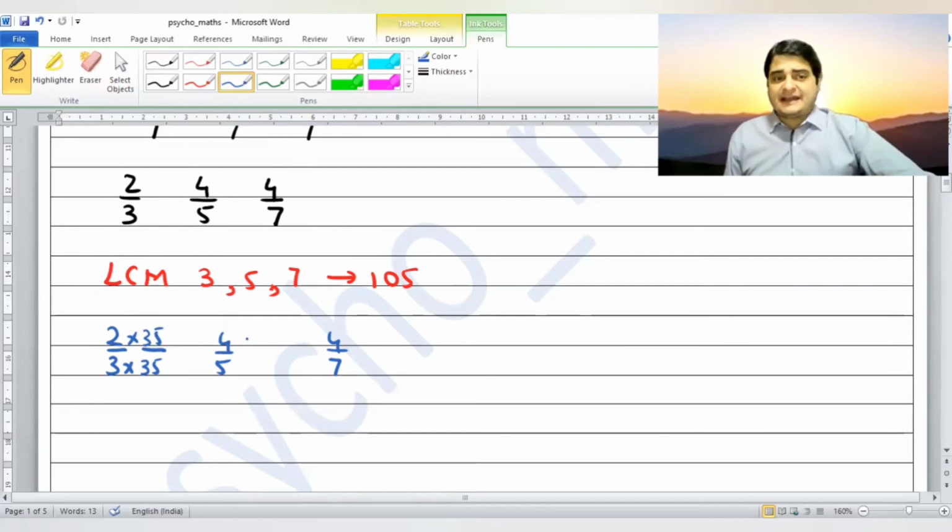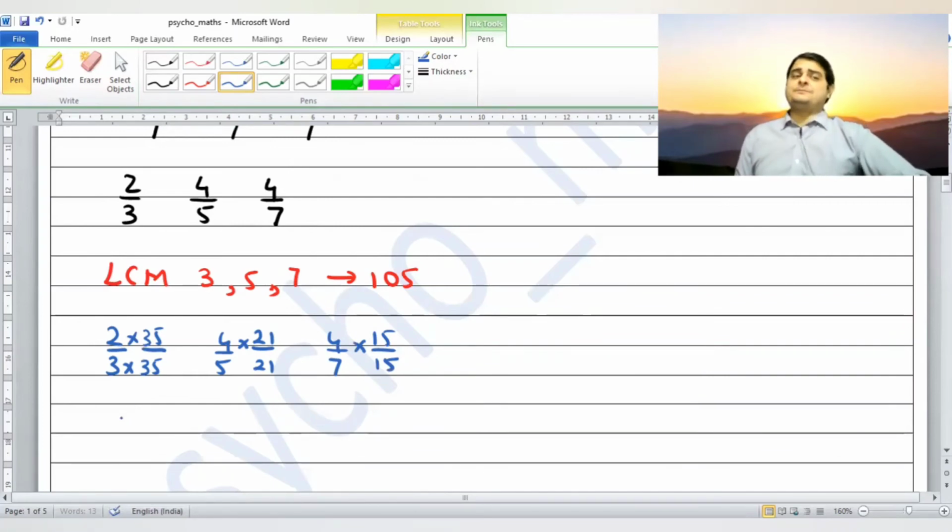For the second fraction, go with 105 divided by 5, that is multiply and divide by 21, and the third one multiply and divide by 15.